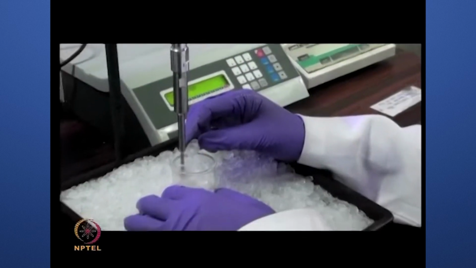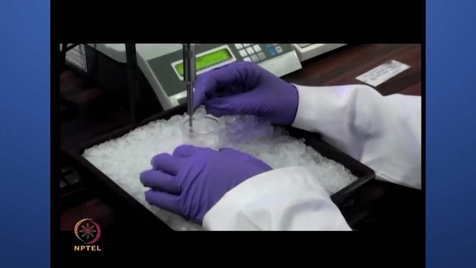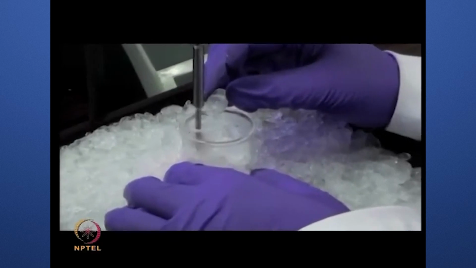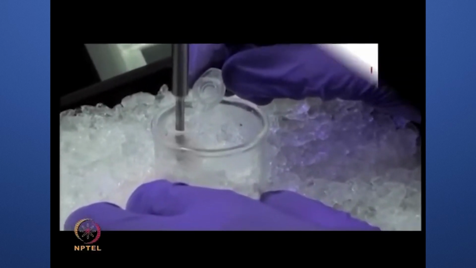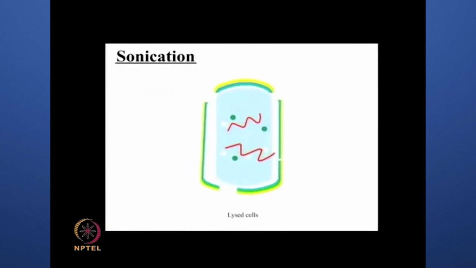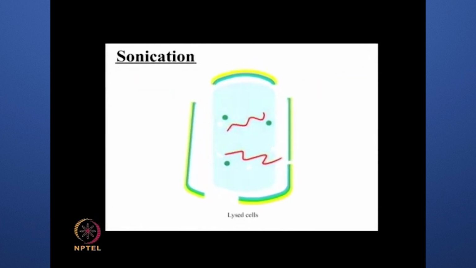Sonication. The resuspended pellet is sonicated on ice to enable the bacterial cells to break open so that its contents are released. Sonication involves the use of high-energy sound waves that are capable of breaking open the outer membranes of cells. All cellular contents, including proteins of interest, leak out of this disrupted membrane.